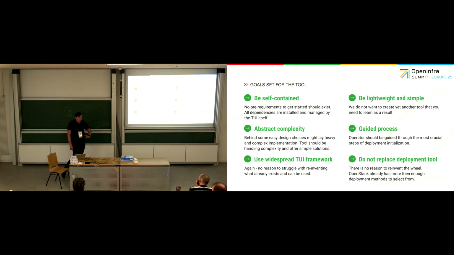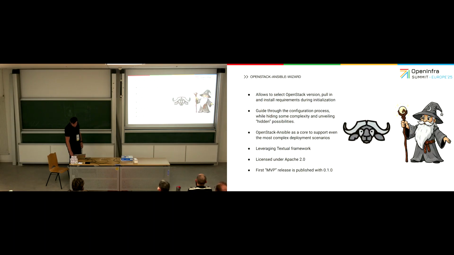I didn't want to reinvent the wheel, so I took a common and widespread framework for implementing textual UIs. I also didn't want it to replace any deployment tools, so I took what I know and have worked with the most as a base.